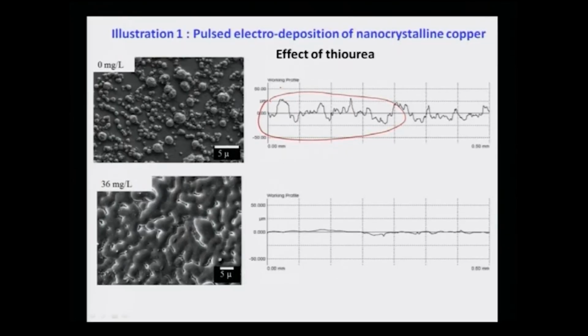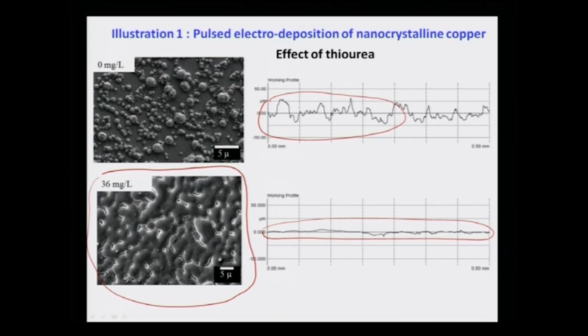On the other hand, if you add a very small amount of thiourea, about 36 milligram per liter, deposits become very smooth. One can see in the picture here, the deposit is very smooth, and also if we measure the surface roughness, roughness is very low.